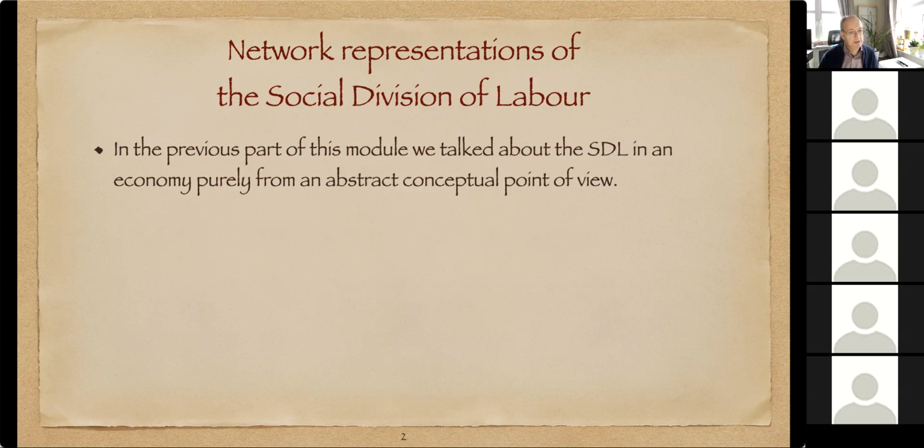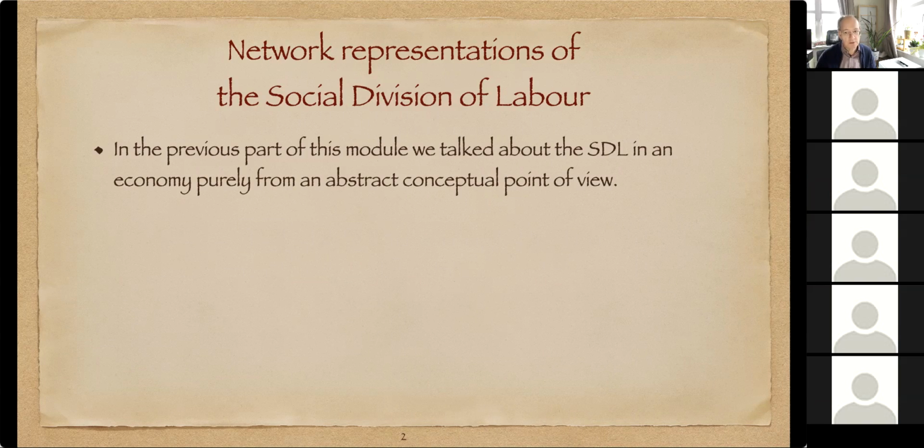We looked at the building blocks of that, commodities and consumer producers as representations of economic agents. Now we are going to put them together into some framework, and that framework is then a model of the social division of labor itself, and that is a network model. So we're putting these elements into a network model, and they will be represented through the network model. So if you see the network, you see the economy.